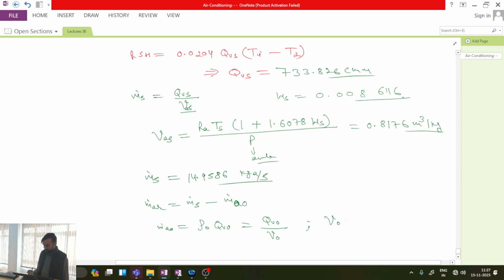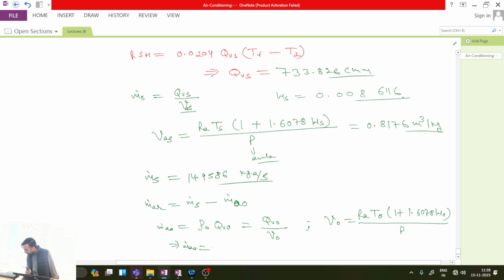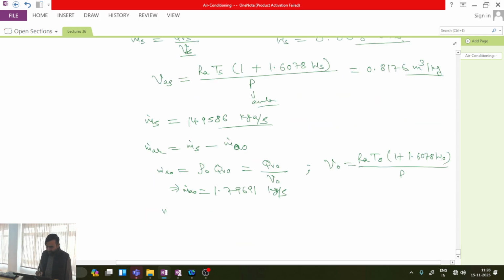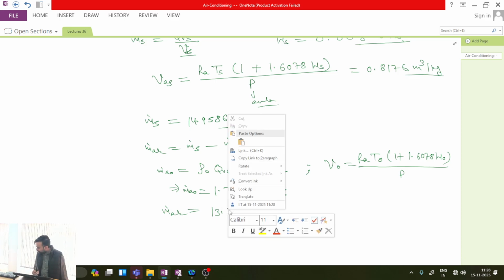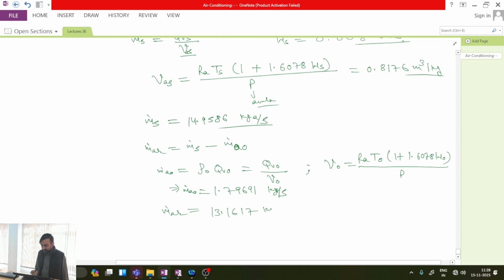What is V naught? T naught from here. If you calculate m dot A naught, it comes out to be how much? 1.79691. And m dot AR, if you calculate, it will be 13.1617 kGa per second. Okay, so this is the analytical way.